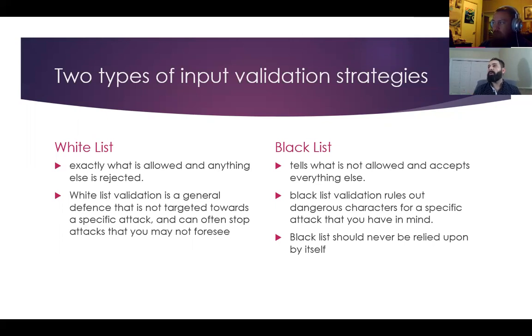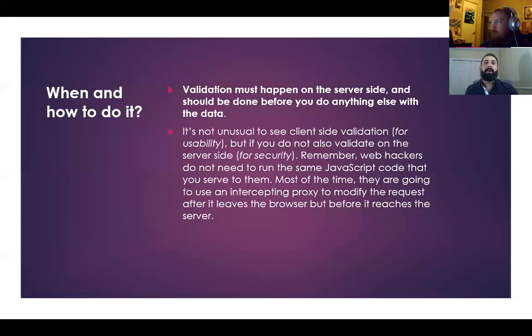Now you will say why don't I keep only using a whitelist, why do I need to use a blacklist? In case something slips through the faults or through the cracks, you have another way of defense. And that's what I'm mentioning when I say you need to use both of them. So over here, you can see a blacklist should never be relied upon by itself. I need to use both methods.